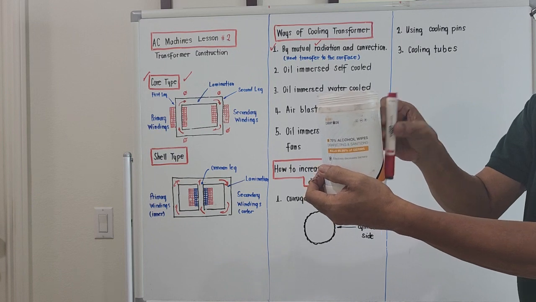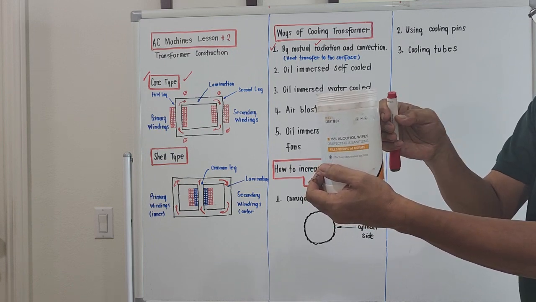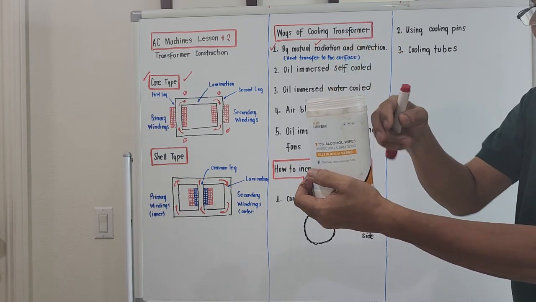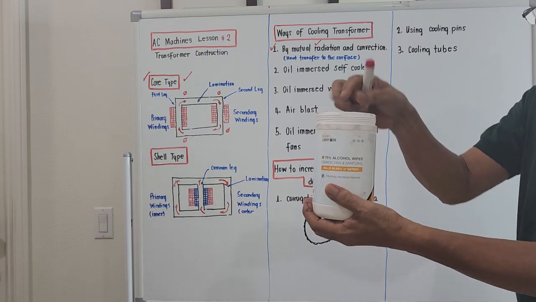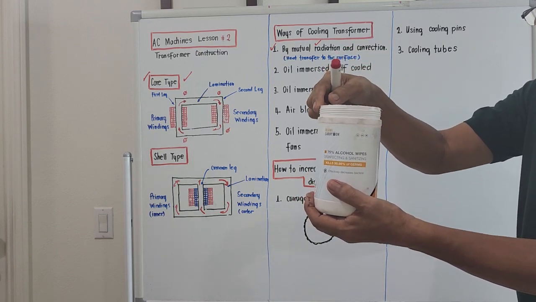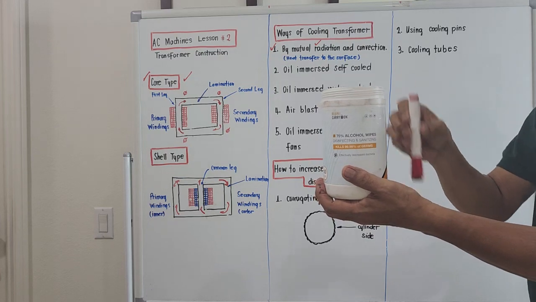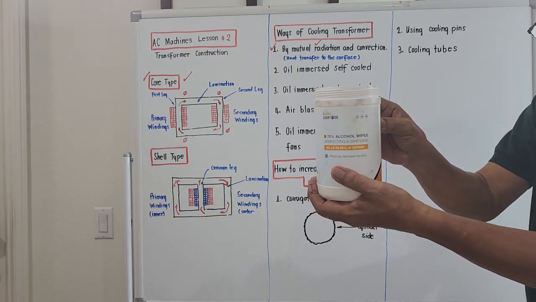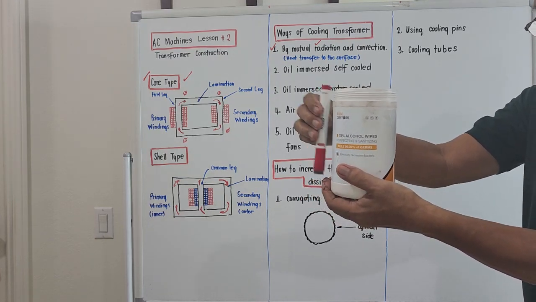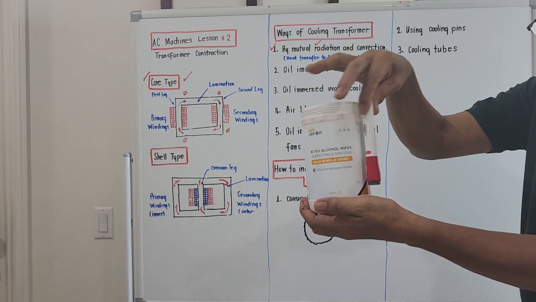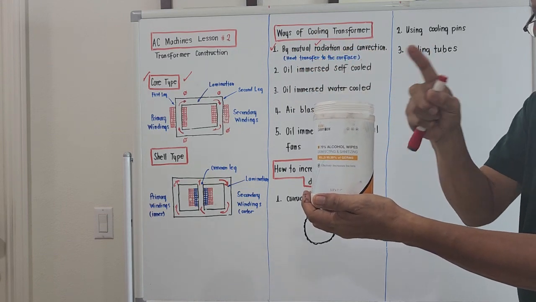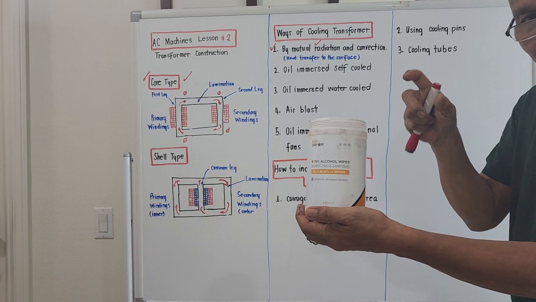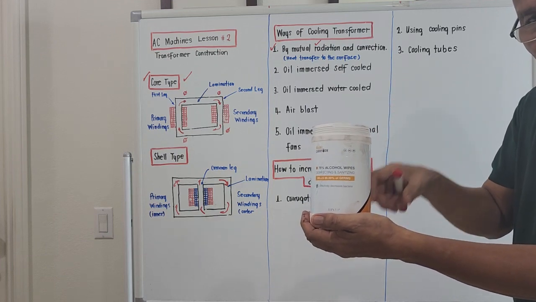So that's one way of increasing the surface area through which the heat inside will be dissipated, because just corrugating the surface is not enough. So designers added some cooling pins outside. Okay, so there are more cooling pins outside, of course the surface area is larger, so we could cool off the transformer faster.